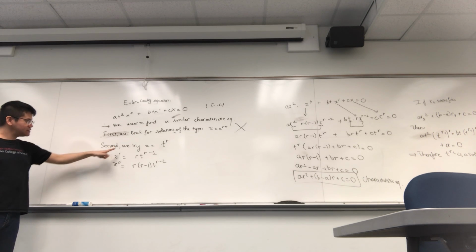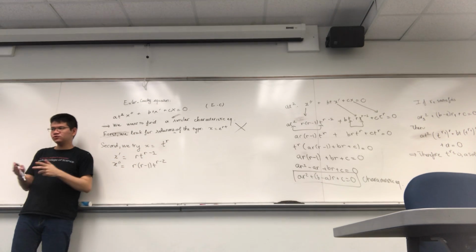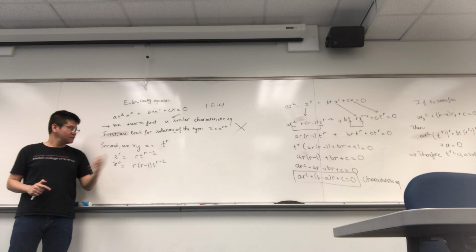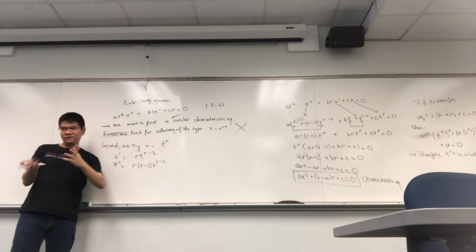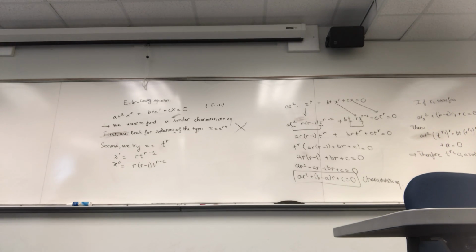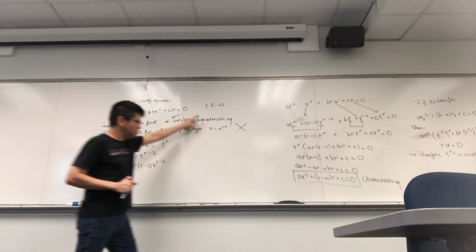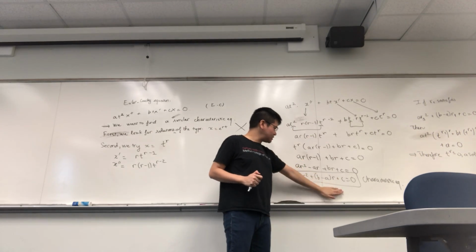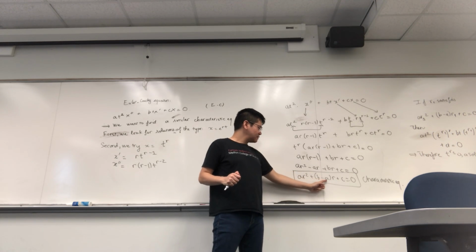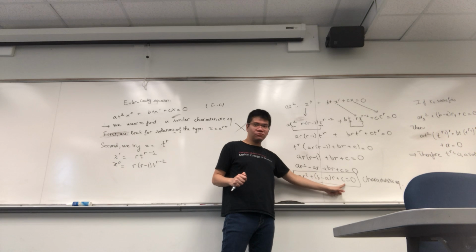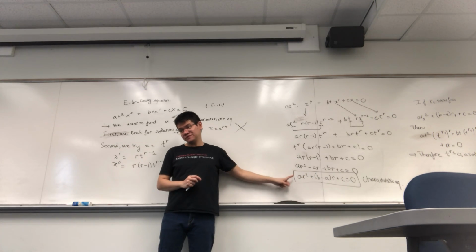So the next step is that you try to look for a solution of polynomial type. So you find a solution of the type t to the r. So r is a constant that you have to find. You plug everything into the equation. The magic is that after you plug everything into the equation, you find a r squared plus b minus a r plus c is 0. This equation doesn't depend on t.